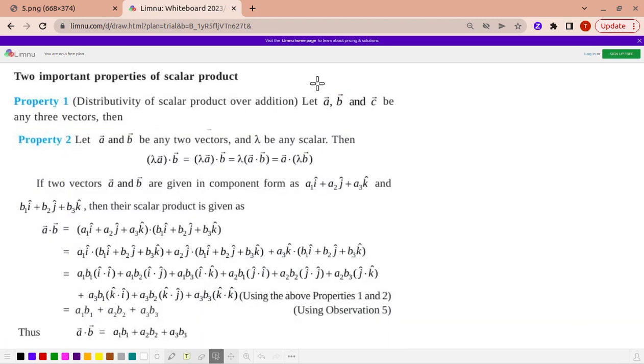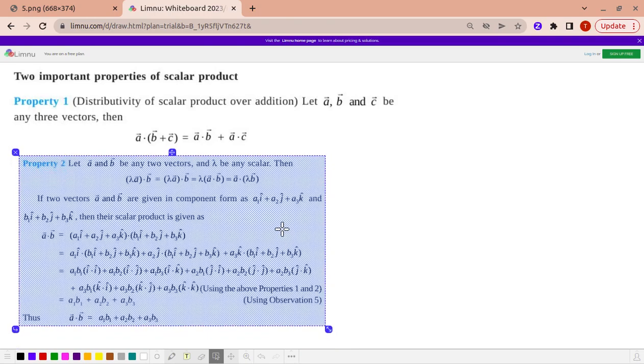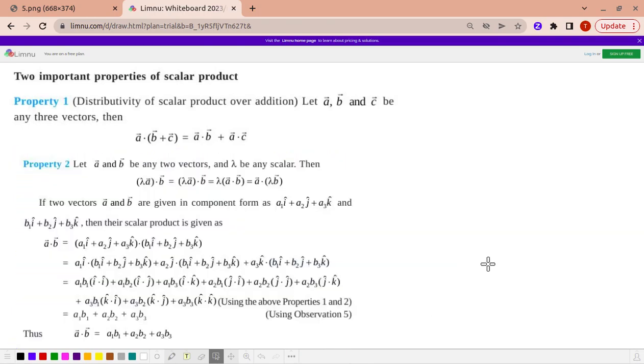The first property says that suppose we have two operators.